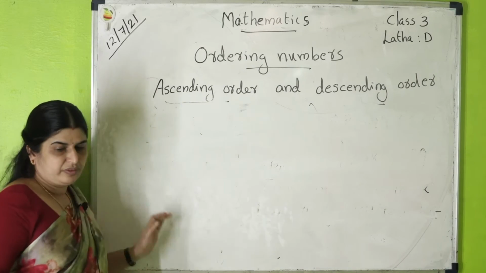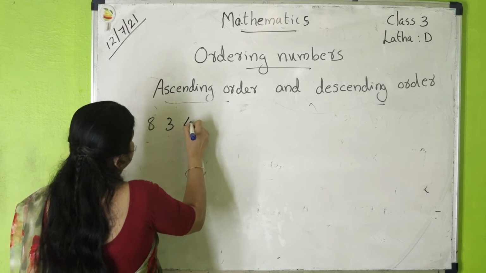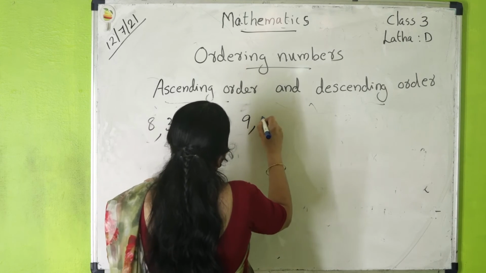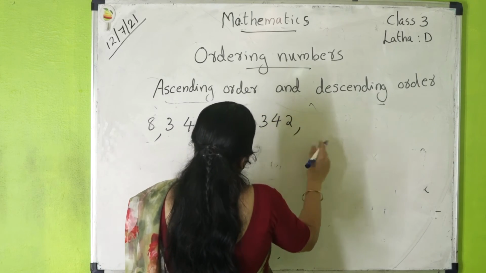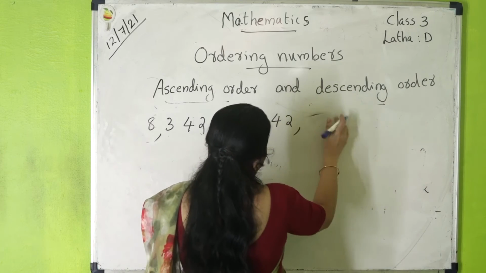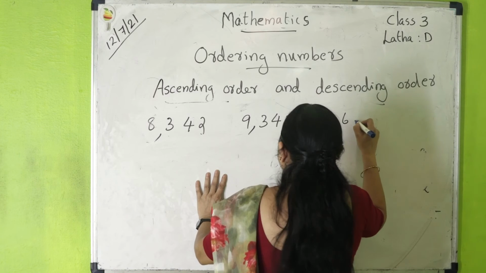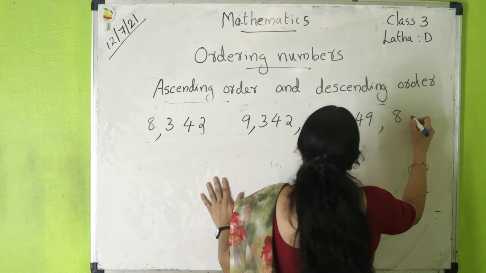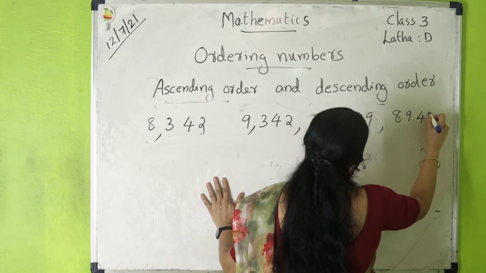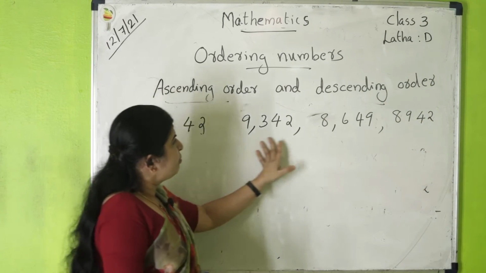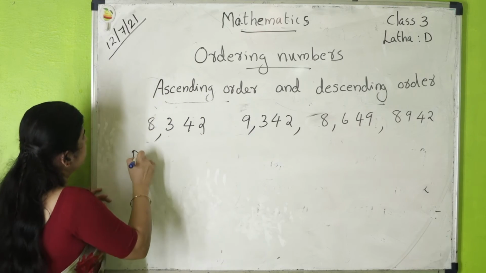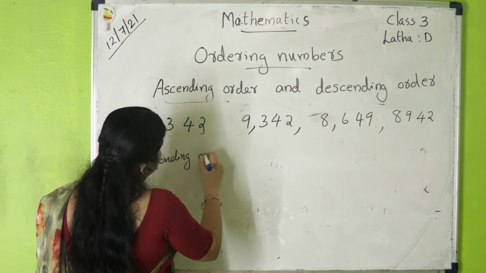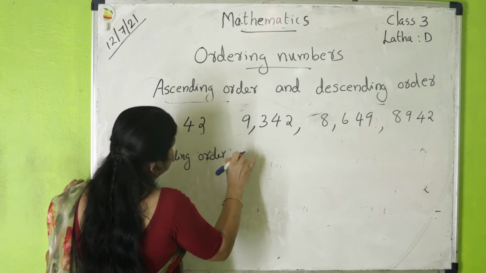Once more. 8,342, 9,342, 8,649, 8,942. Look here, we have 4 numbers, and descending order means, tell me, descending order means arranging the greatest number to the smallest number.